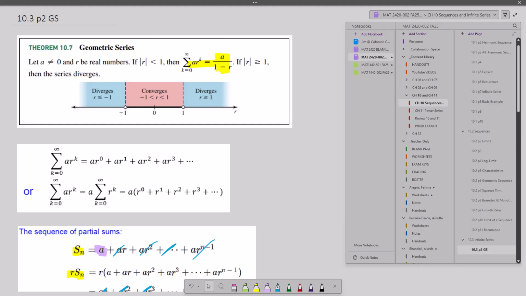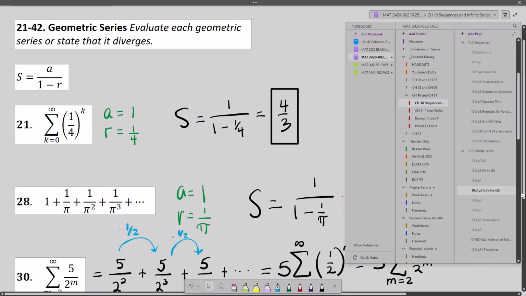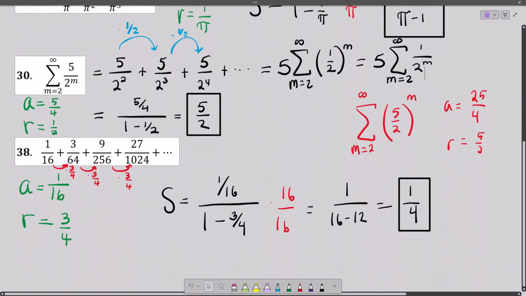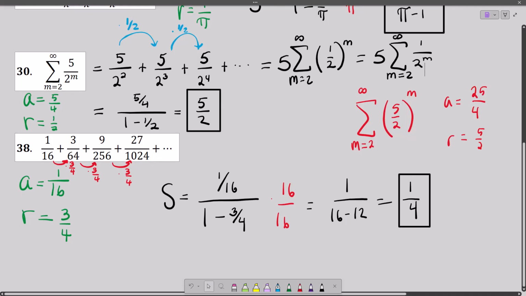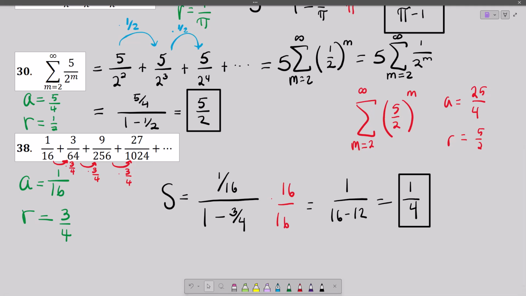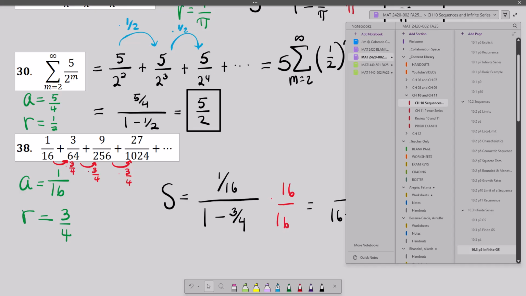In practice, you can see that r is going to be 1/2, but it's not necessarily obvious from there. You could either rewrite it so that it's in that r to the k form, or you could do this expansion to make sure you're 100% sure what that common multiplier is.